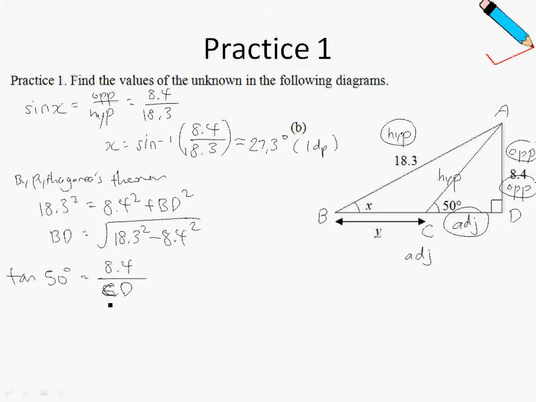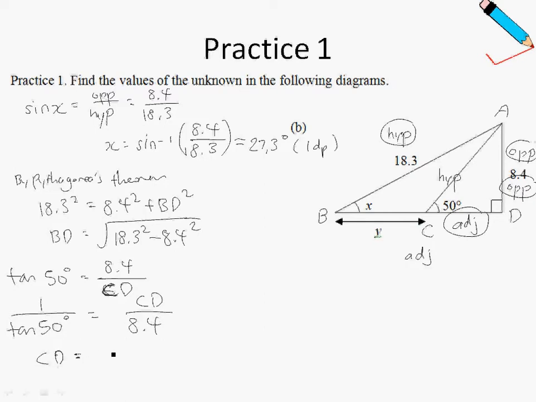Here's probably the tricky part for some of you. In order to solve for CD, what I will do is to reciprocate both sides of the equation. So if I reciprocate both sides, I'll get 1 over tangent 50 degrees equals CD over 8.4. To find CD, I will just multiply 8.4 over to the left hand side of the equation.